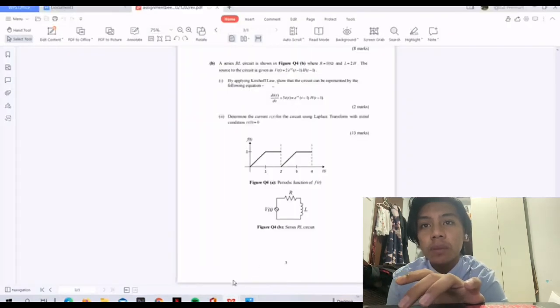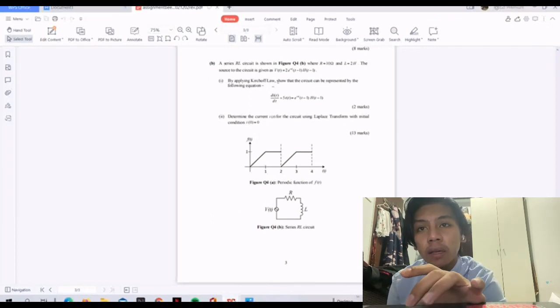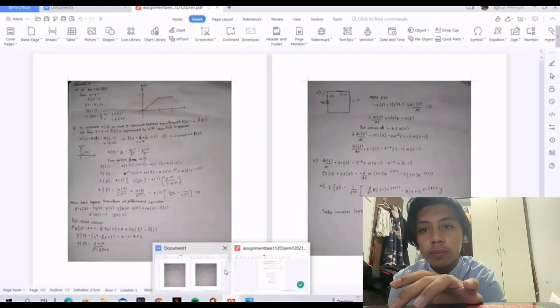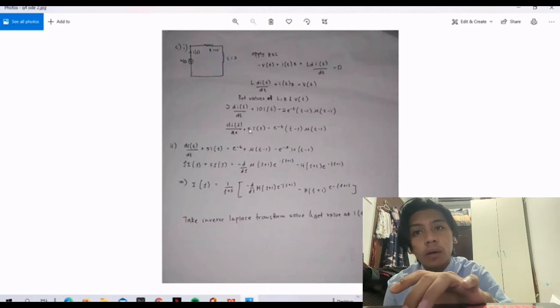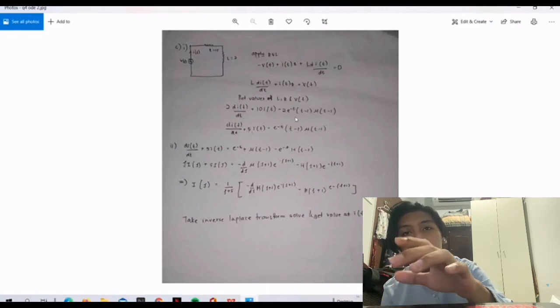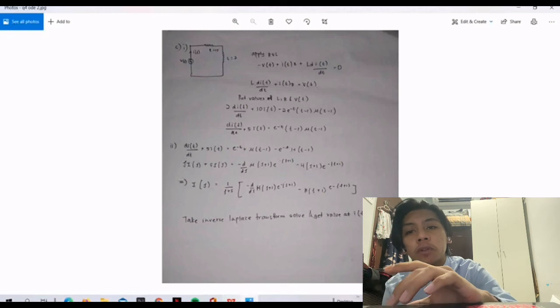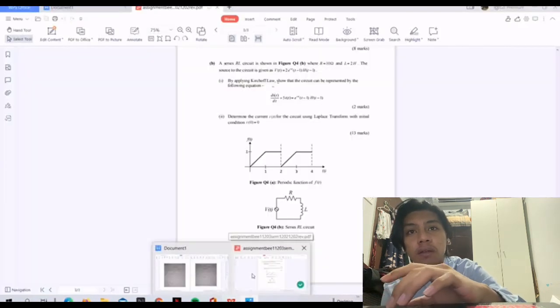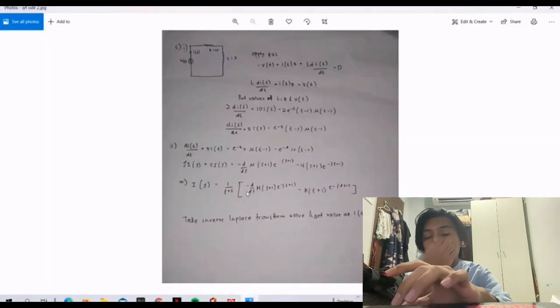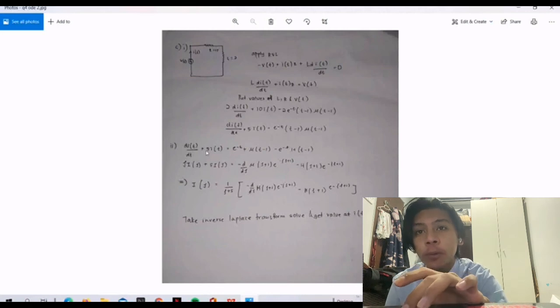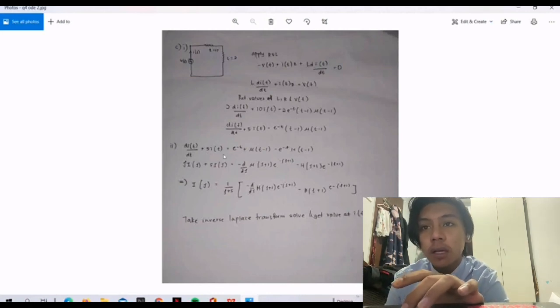Then, to determine the current i(t) for the circuit using Laplace transform with initial condition where i(0) equals 0. From the equation given in B1, we will use it for question B2 like this.